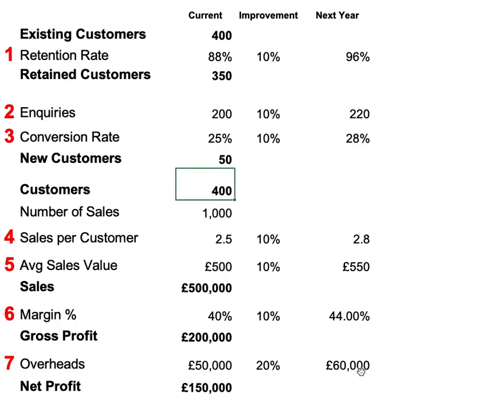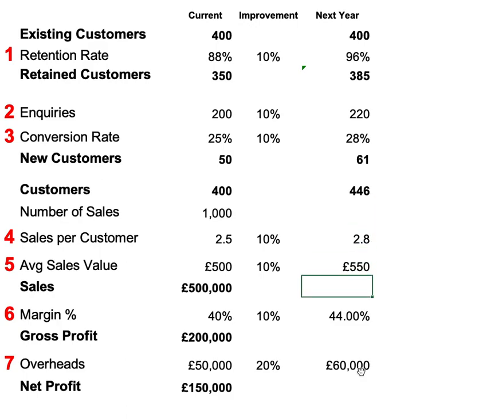So we ended the year with 400 customers. So we're starting this year with 400, but now we're retaining 96% of them. We've got a few more inquiries and a better conversion rate. So let's see how many new customers we get. So we've got 61. So total customers 61 plus 385 gives us 446.